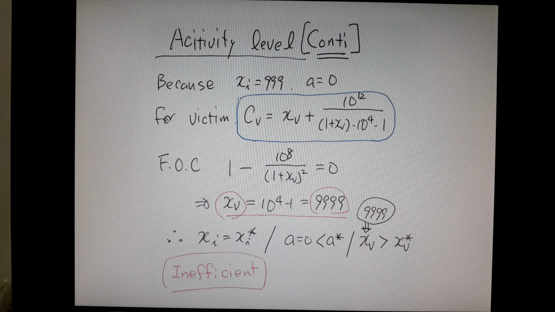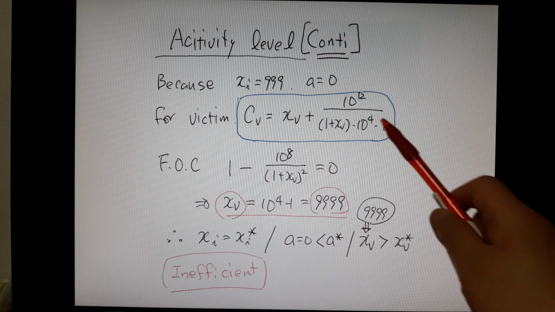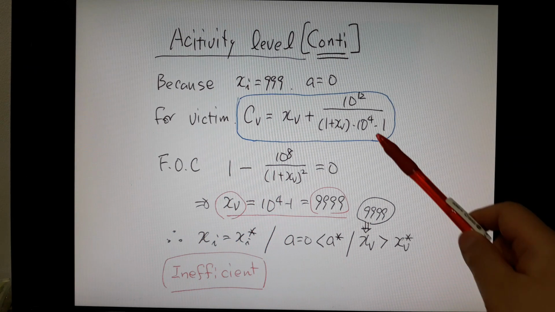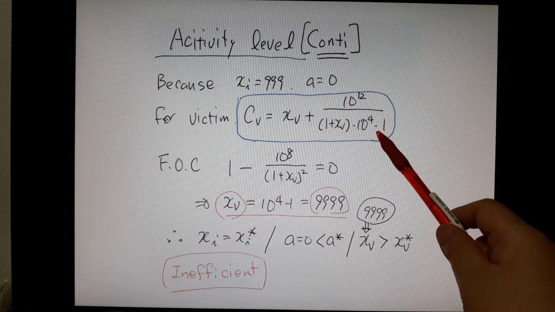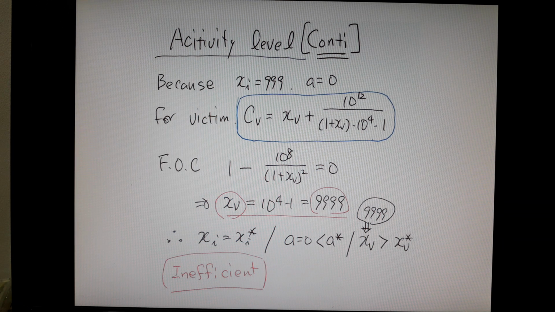What was the optimal level? 999. 10 power by 3. It should be 10 power by 3. Sorry about that. And A would be 0. So let's quickly recalculate. 10 power by 3. Then this will be 10 power by 9, right? Yeah, I made some mistake here, I think.